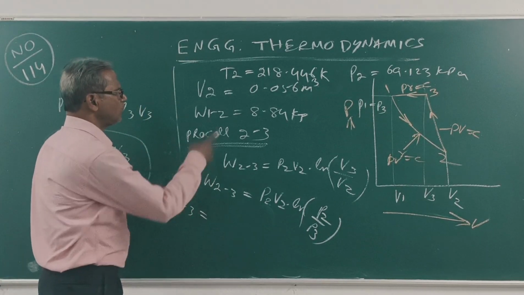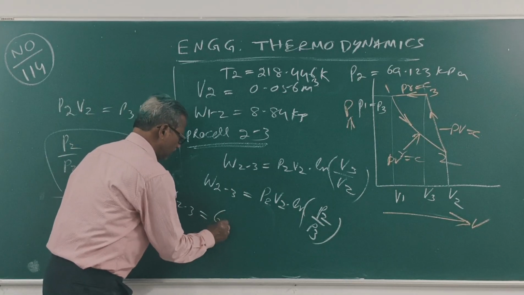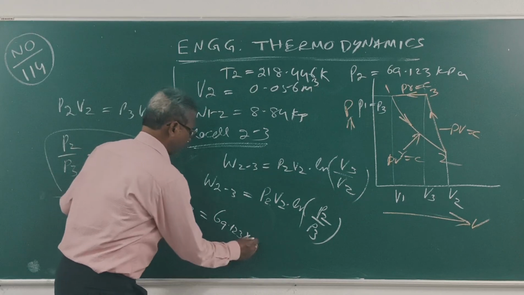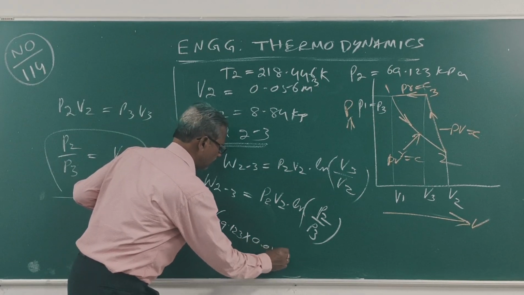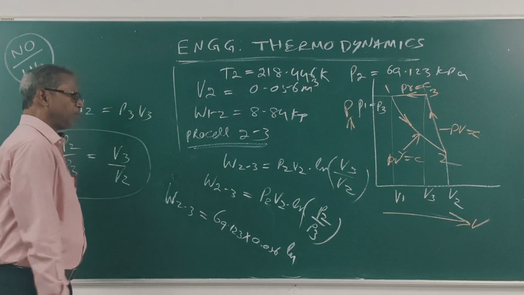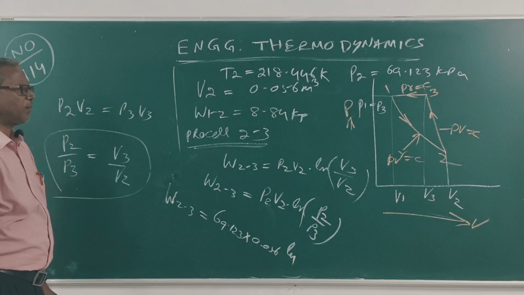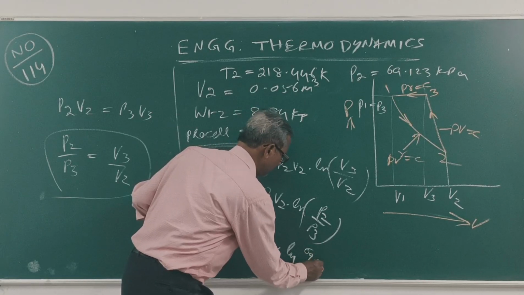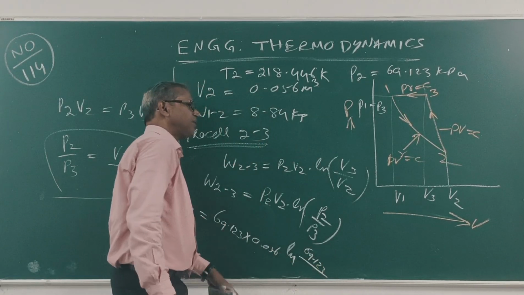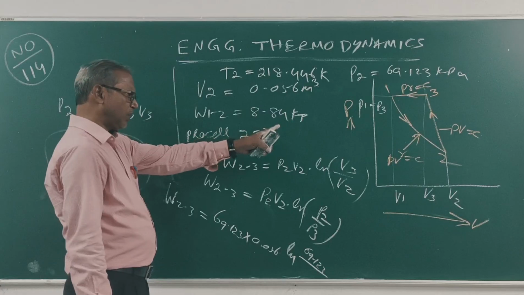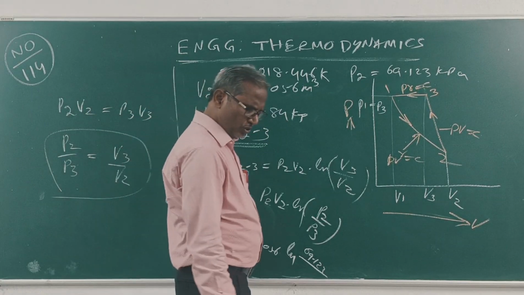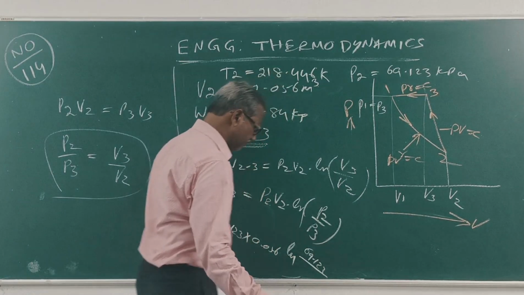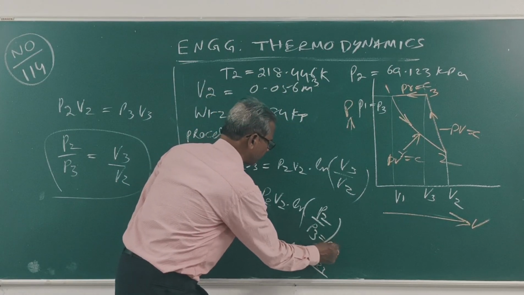P2 is 69.123, into V2, 0.056, ln P2 by P3. What is P2? 69.123, by P3. P3 means P1. What is P1? P1 is equal to 700 kilopascal. P3 means P1.